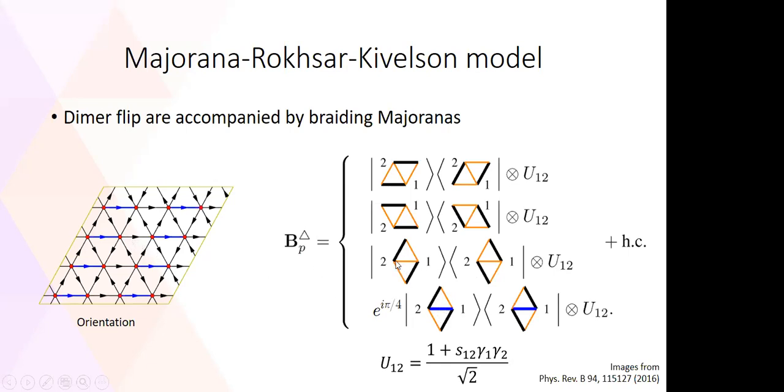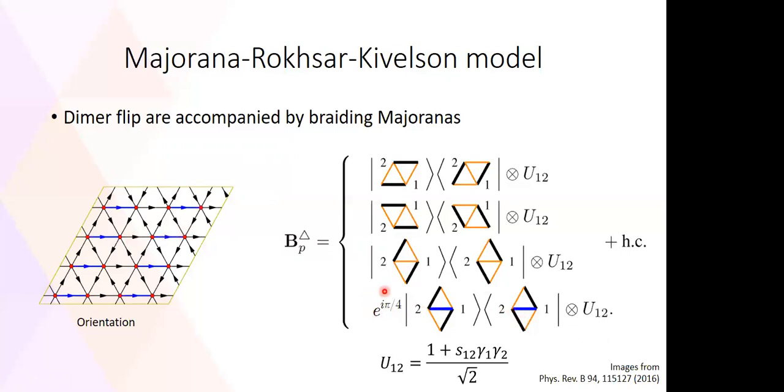So it depends on whether the link here has an outgoing arrow, or an ingoing arrow, or, if you compare it to the reference dimer configuration, whether the link connecting them is blue or not.